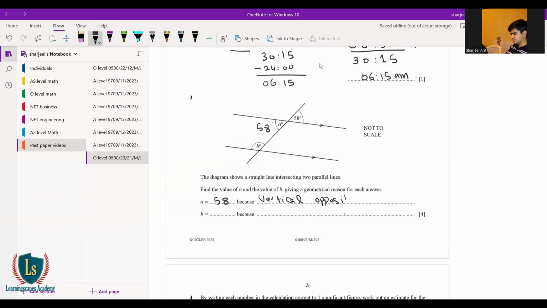For the angle B, this should be equal to 122 degrees, because if we apply the alternate angle concept, this angle should be equal to 58 degrees, because when a single line intersects the parallel lines, their alternate angles are equal. So the interior angle will be equal to 122. The reason is interior angle.